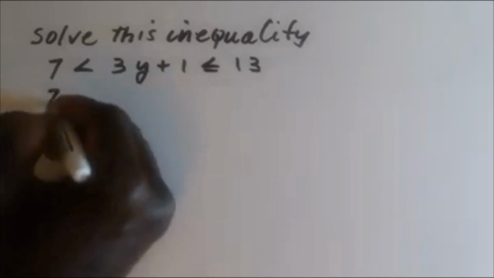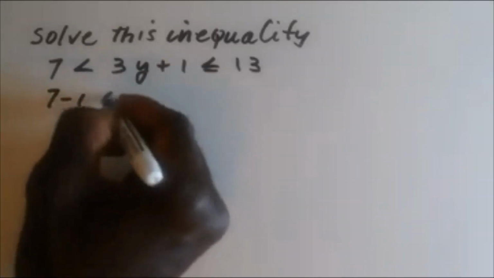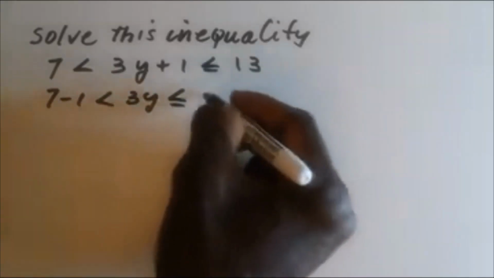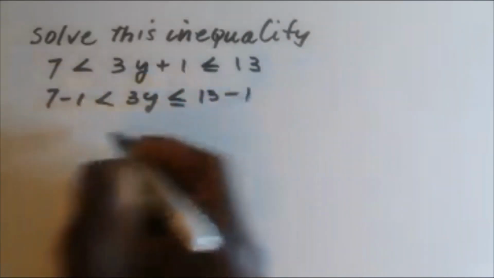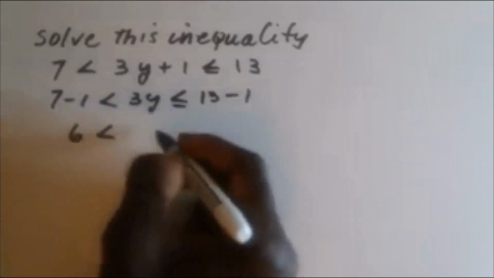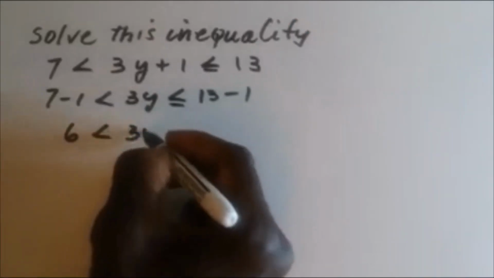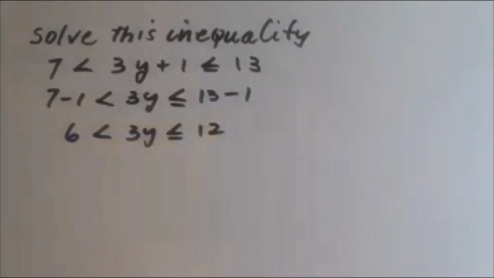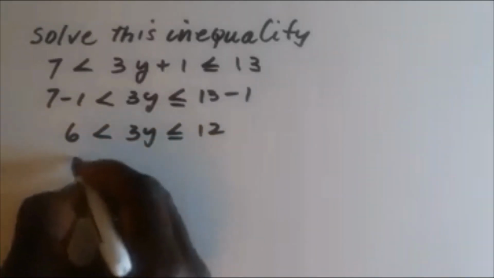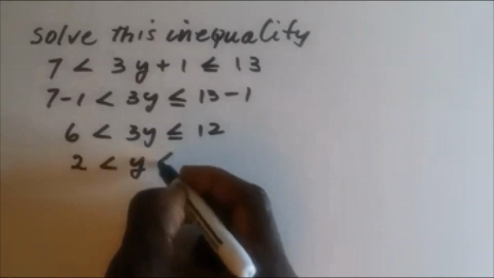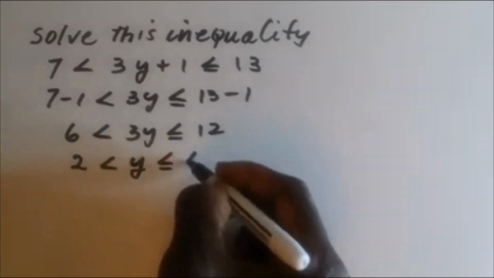So we have 7 minus 1 is less than 3y is less than or equal to 13 minus 1, and this evaluates to 6 is less than 3y less than or equal to 12. And to get y, we must divide by 3 throughout, so this becomes 2 is less than y is less than or equal to 4.